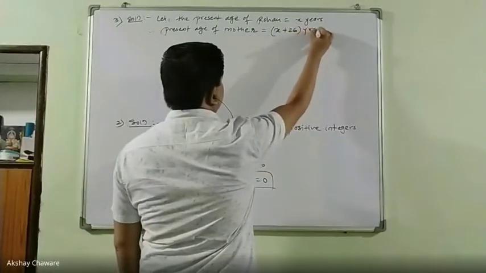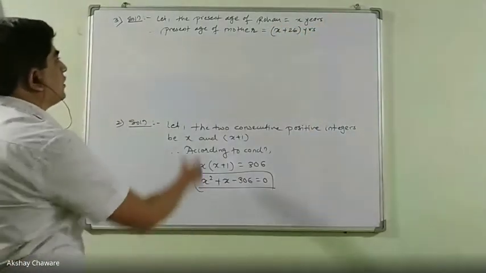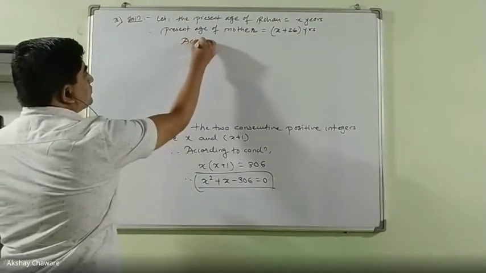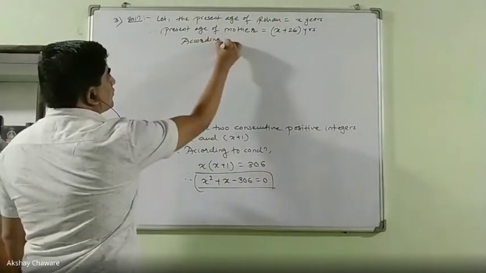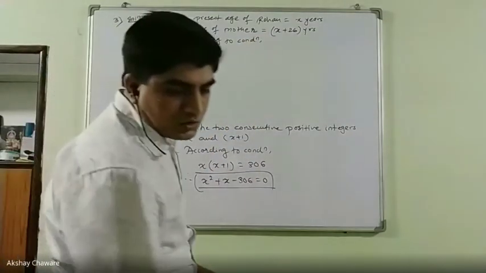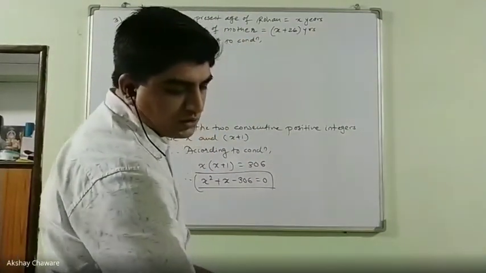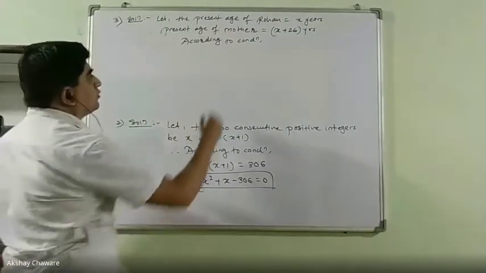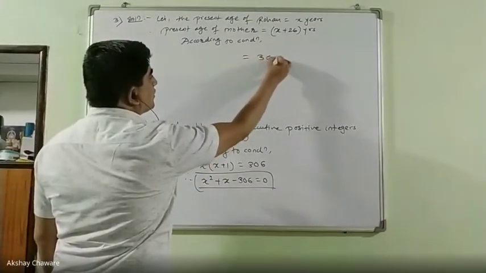Now again, according to the condition, the product of their ages 3 years from now will be 360. So the product is 360.